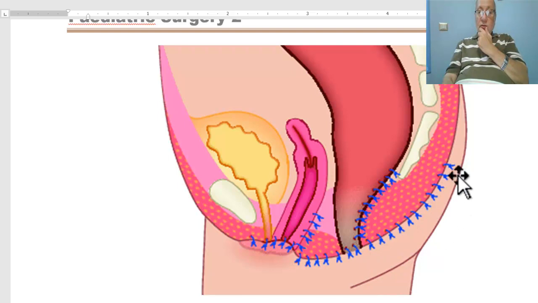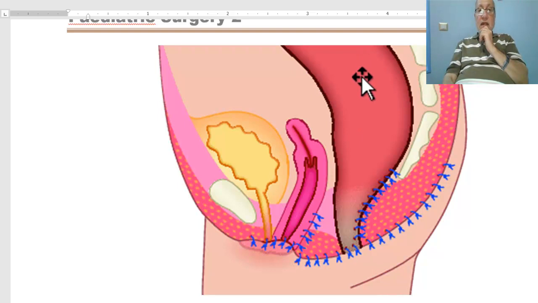Incision posterior from the coccyx down to the correct site of the anus. Then divide any fistula. Then anoplasty, creating an opening in the correct site of the anal orifice.